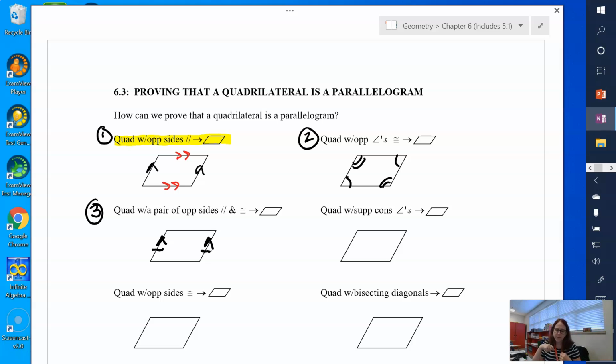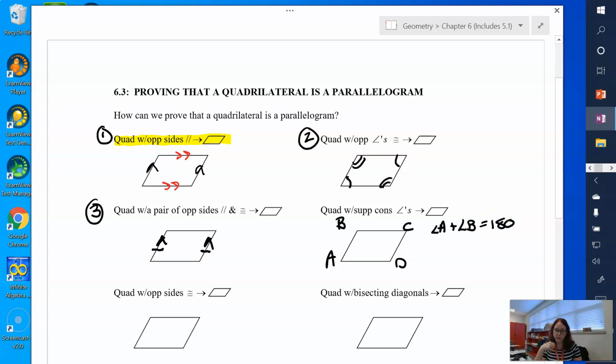Quadrilateral with supplementary consecutive angles implies a parallelogram. So think back to our last section. If it was a parallelogram, we knew that the consecutive angles were supplementary. If the consecutive angles are supplementary, we know it's a parallelogram. So I'm going to do this like this. I'm going to call this A, B, C, and D. So angle A plus angle B equals 180.